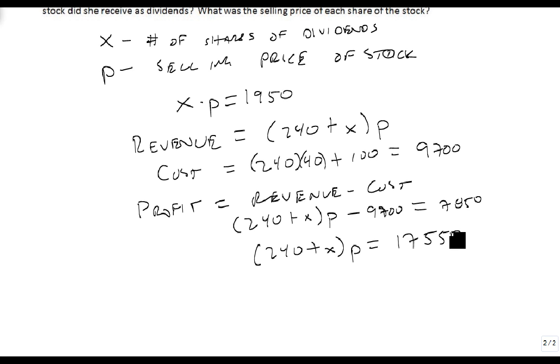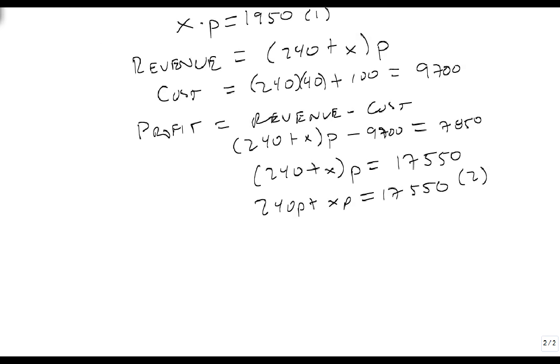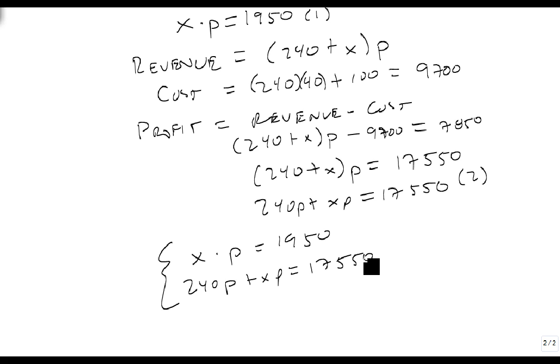Or we could rewrite this as 240P plus XP equals 17,550. So let's call this equation 2, and let's call this equation 1. So our system is X times P equals 19.50, and 240P plus XP equals 17,550.